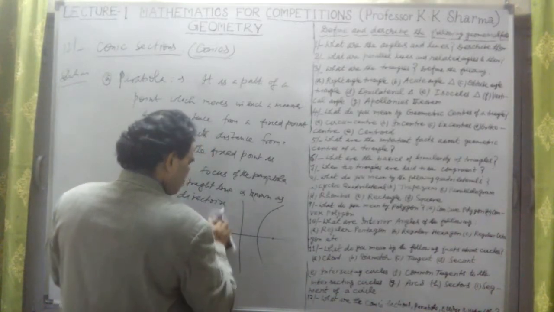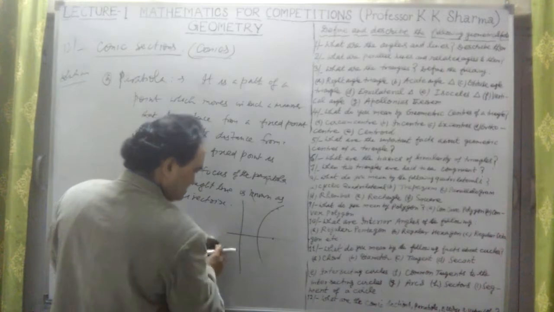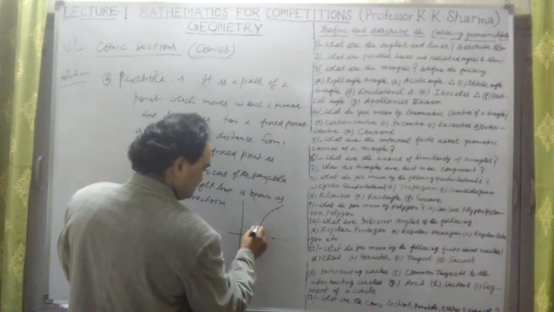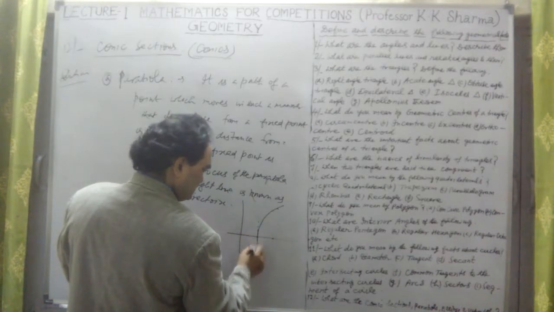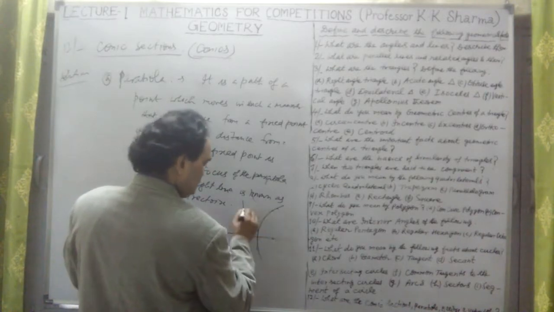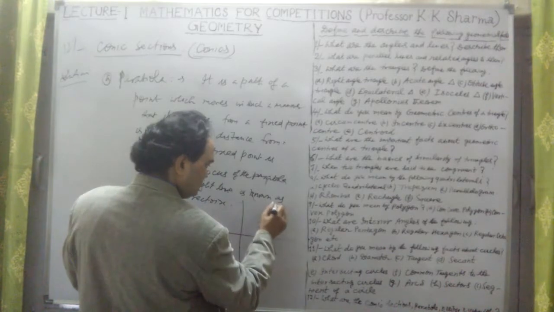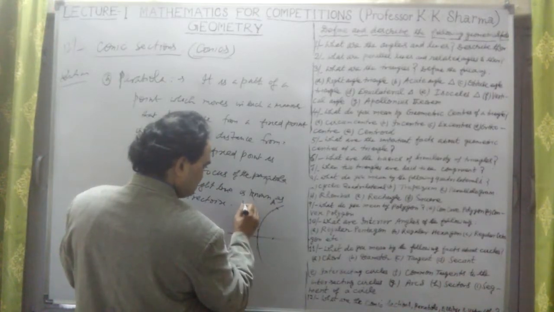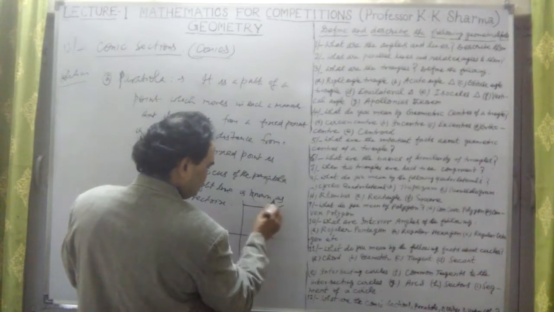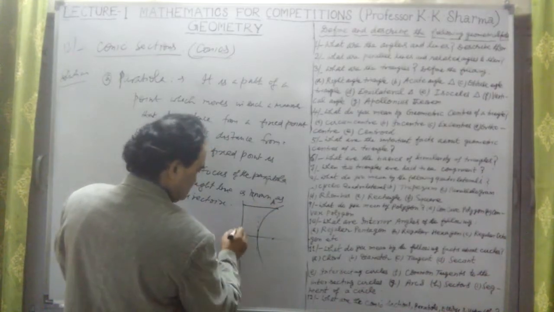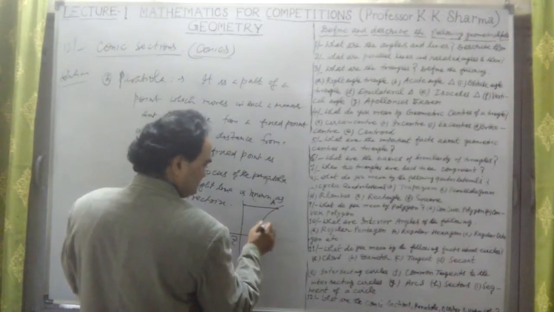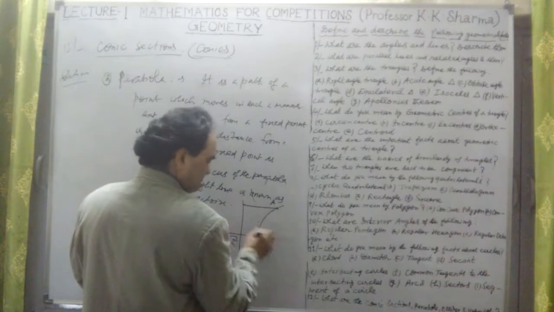This is the fixed line here, and I've taken its vertex here. Suppose this is a point A. Its distance from the straight line, this is the straight line, and this is point S, the focus.